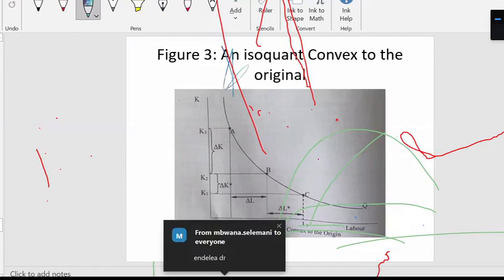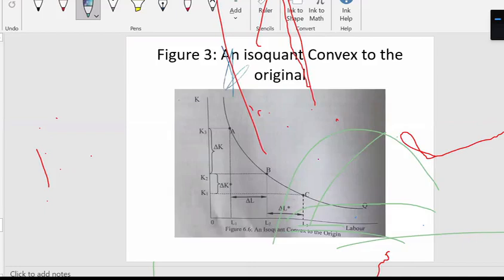But what I'm trying to say, we have different points here. We are producing at point A, at point B, we are producing at point what? At point C, right?